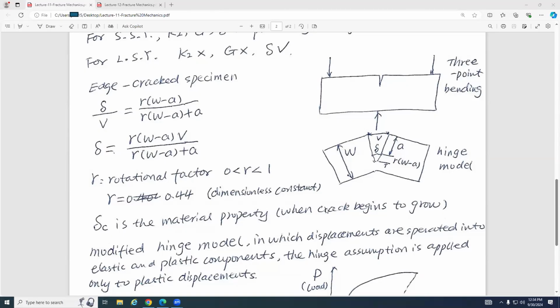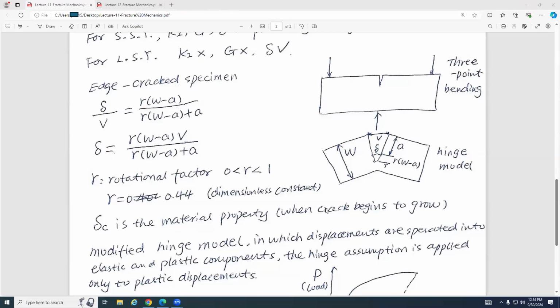This delta is usually difficult to measure for us. When we do 3-point bending, you need to use some device and put it inside this crack.